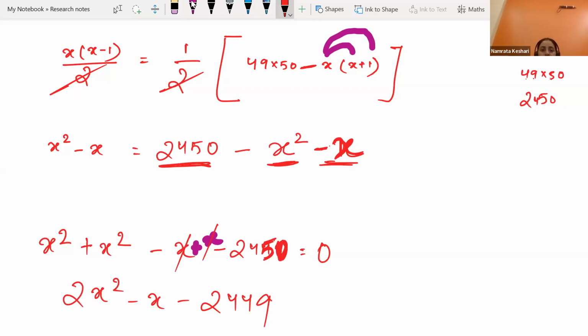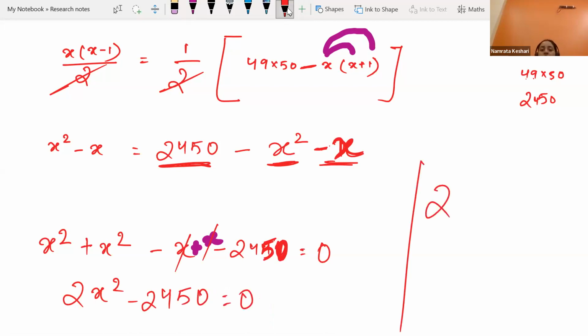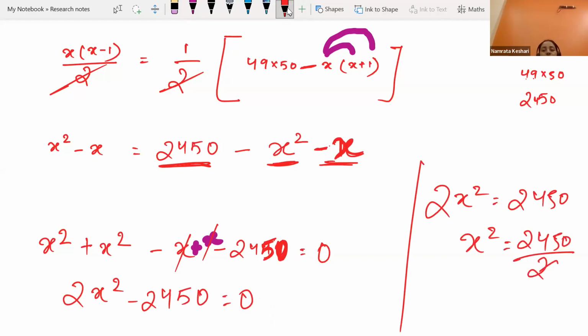So do we want to say that 2x square is equal to 2450, or 2x square minus 2450 is equal to 0? We want to say 2x square minus 2450 is 0. That means 2x square is equal to 2450, so x square is equal to 2450 by 2, which is 1225, a perfect square number, and it is 35 square.